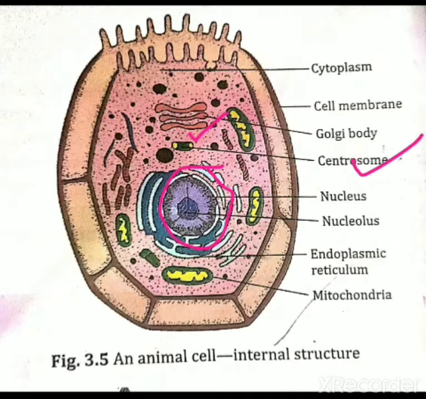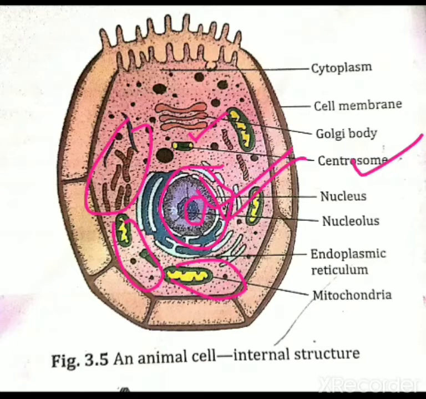Remember, the nucleus is the largest structure of a cell; compared to other structures, only the nucleus is the largest. The outer covering of the nucleus is known as the nuclear membrane. Then the nucleolus. The nucleolus is found inside the nucleus. This round colored inner structure is your nucleolus.